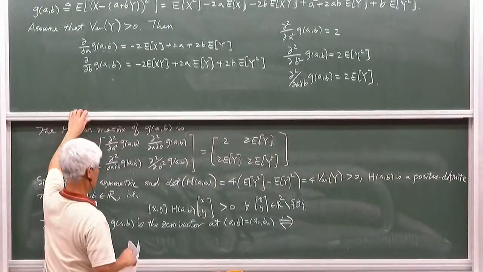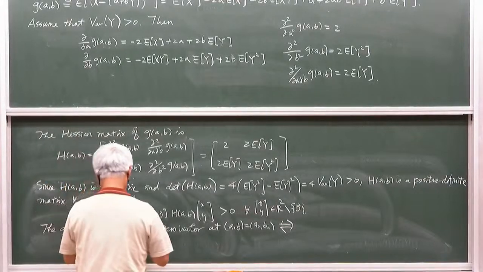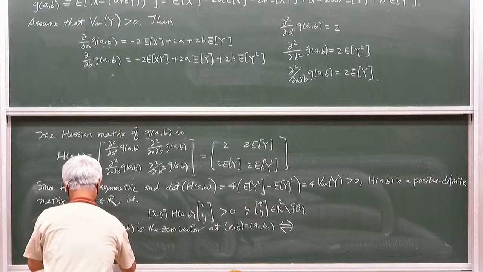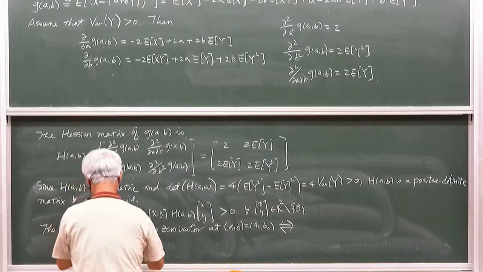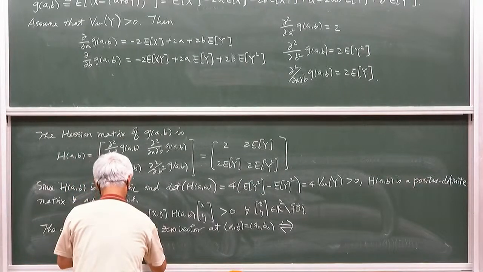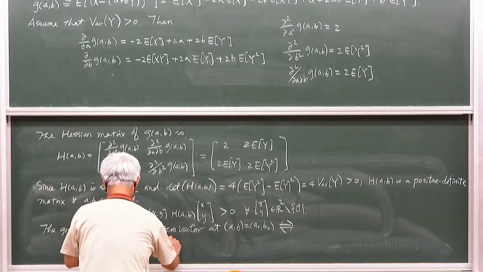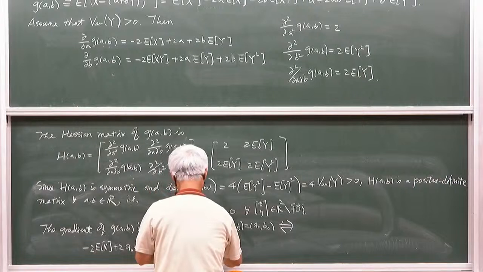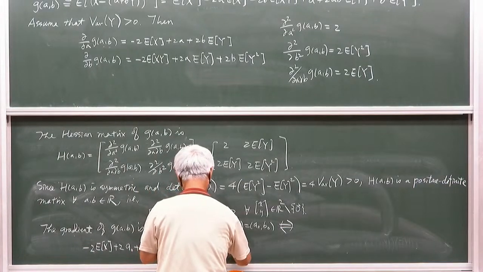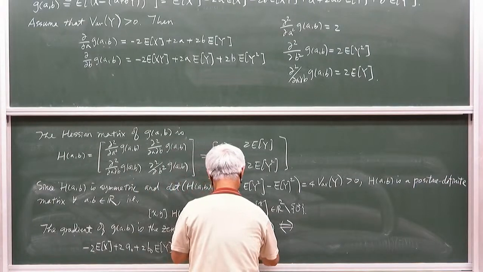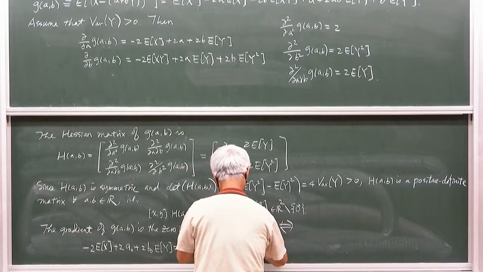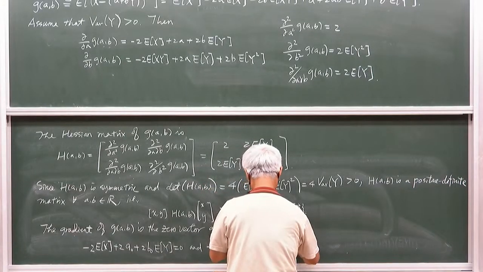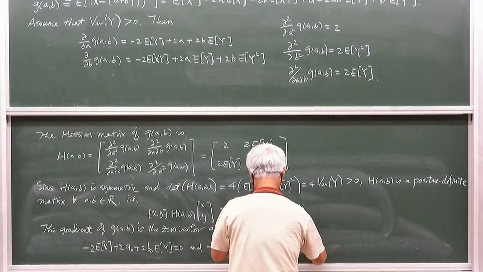All right, so you have to solve that minus 2 A0 plus 2 B0 expectation of y equal to 0, and minus 2 expectation of xy plus 2 A0 E of y plus 2 B0 E of y square is 0.